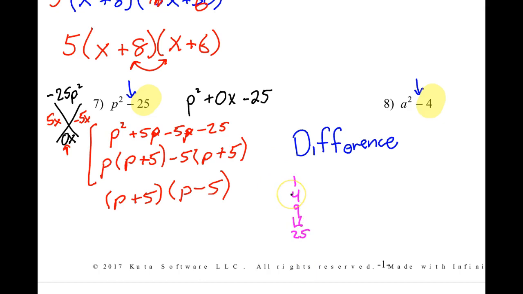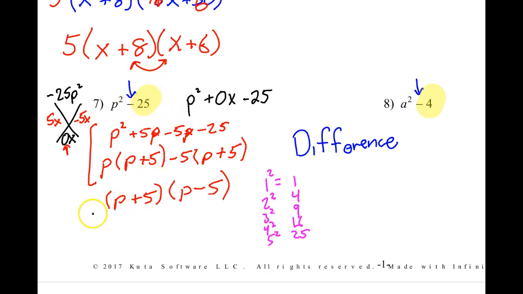What's the special relationship that they have? They're squares, they're perfect squares. 1 is equal to 1 squared, 4 is 2 squared, 3 squared, 4 squared, 5 squared. So that's not random, that's on purpose.